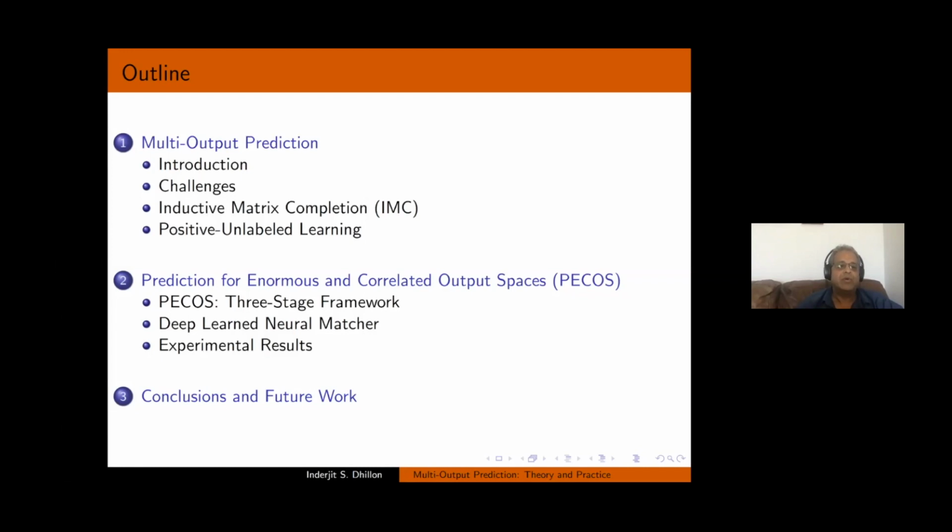And then towards the last maybe 25 minutes of my talk, I will pivot to really talking about the practice, where I'll talk about some more recent work we've been doing for these multiple output prediction problems. That project is called PECOS, which stands for Prediction for Enormous and Correlated Output Spaces. And then I will conclude.